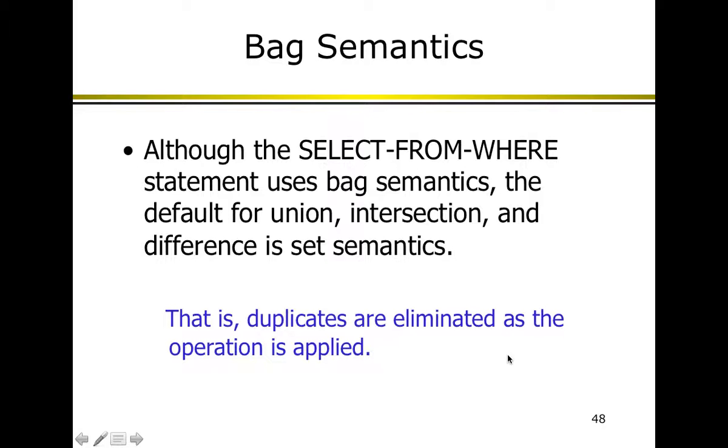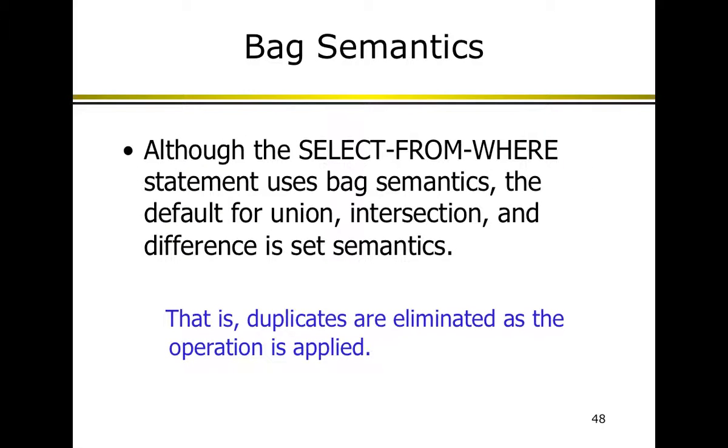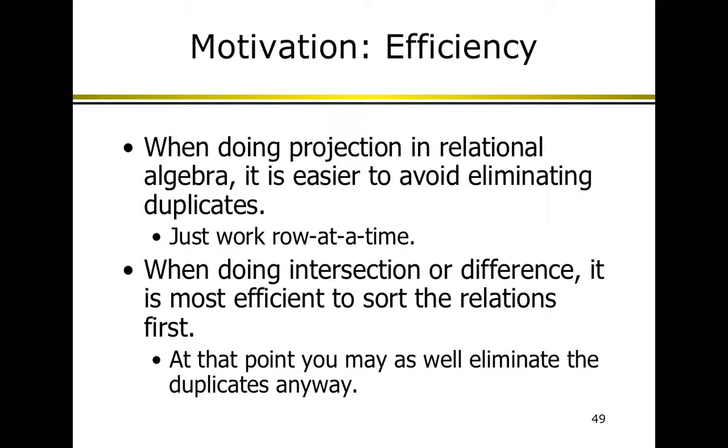But you can also do it yourself. You can eliminate the duplicates by using this thing called distinct. It's a keyword you're going to stick in there, so duplicates are eliminated as the operation is applied. The reason you want to remove the duplicates, if at all possible, especially if you're treating the bag like a set, is if you've got 5 prices at $5 in there, and really all you're checking for is 1 price at $5, you have to check it 5 times.